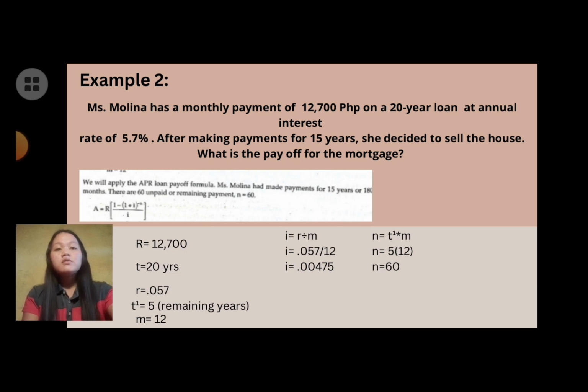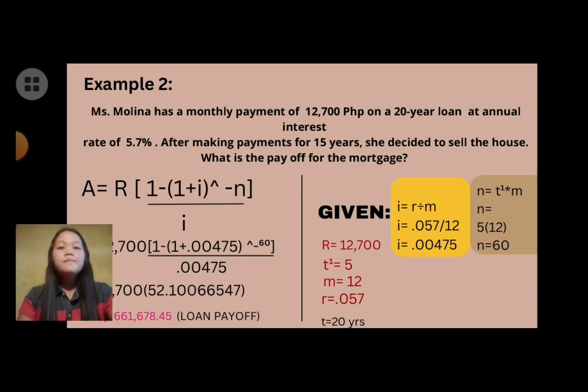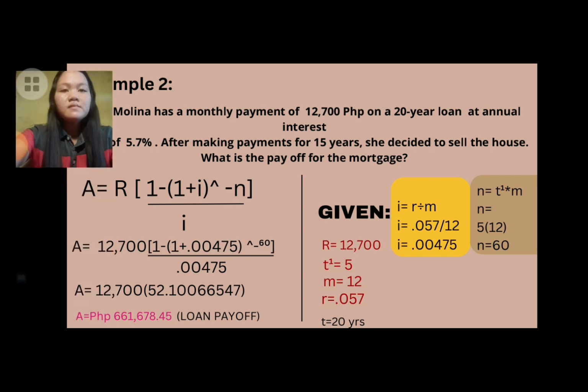So we will find how much is the balance that Miss Molina still needs to pay. The formula is reflected in the slide, and the given has already been stated. So now let's proceed in substituting the given to the formula.